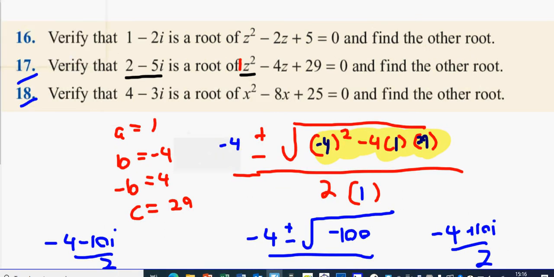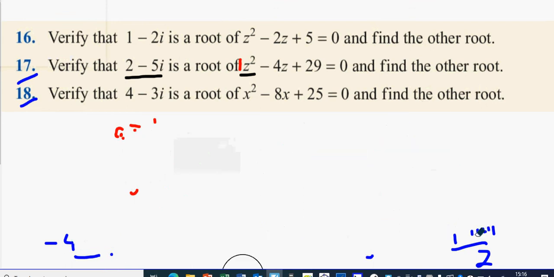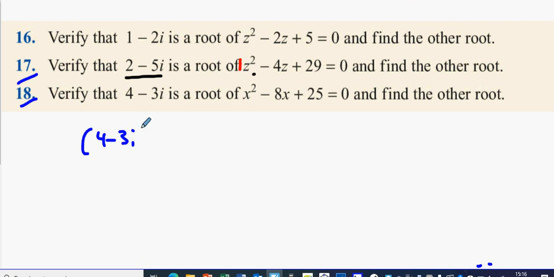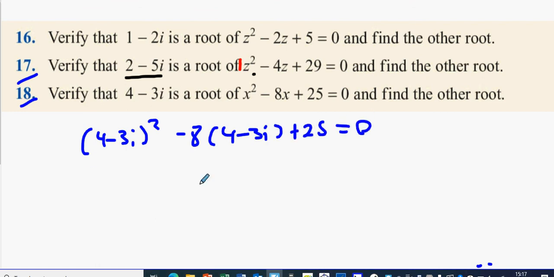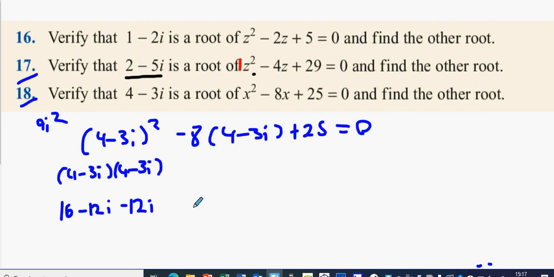So, for 18, you throw it into the equation, and you replace x squared with 4 minus 3i squared minus 8 times 4 minus 3i plus 25 equals 0. This is only part 1. Part 2 is the minus b formula. Here I'm going to get 4 minus 3i by 4 minus 3i, which is 16 minus 12i minus another 12i plus 9i squared, which is minus 9, minus 32 plus 24i plus 25 equals 0.